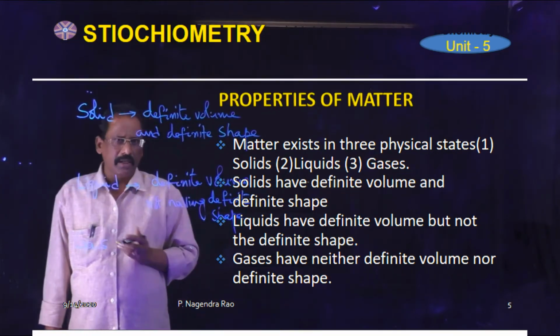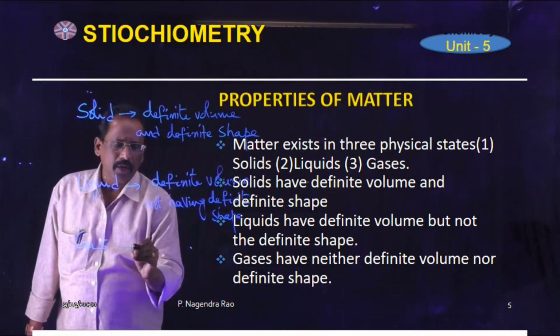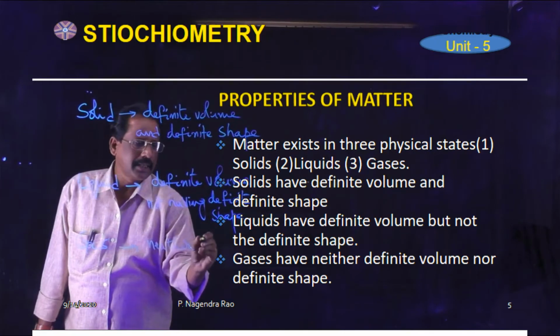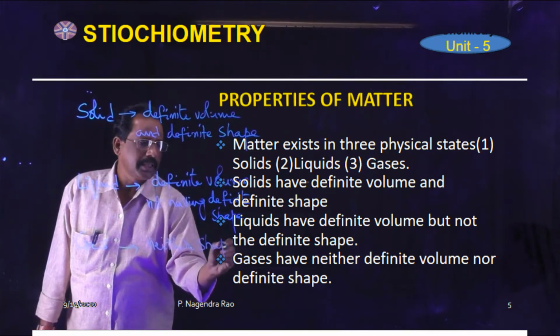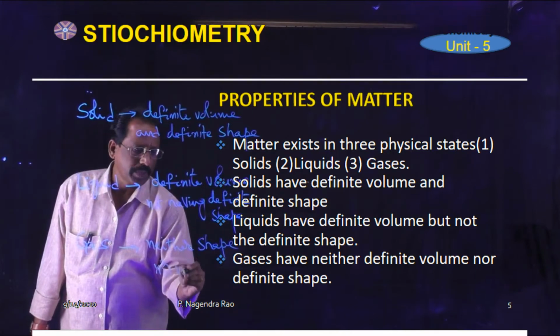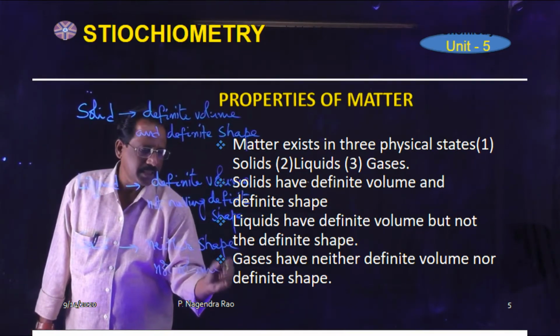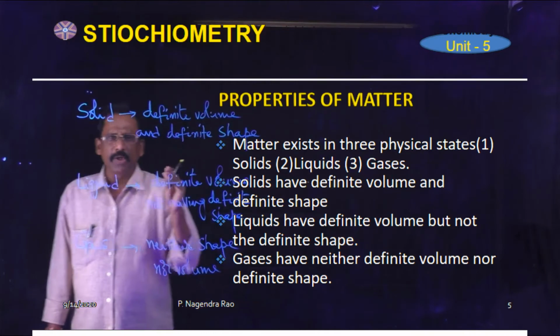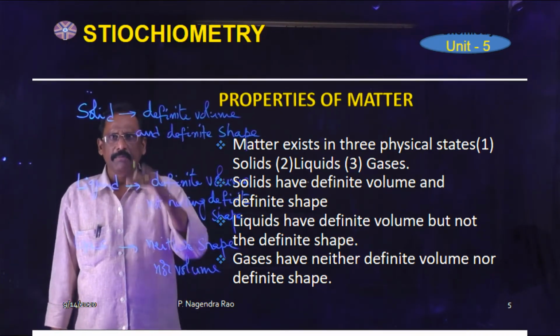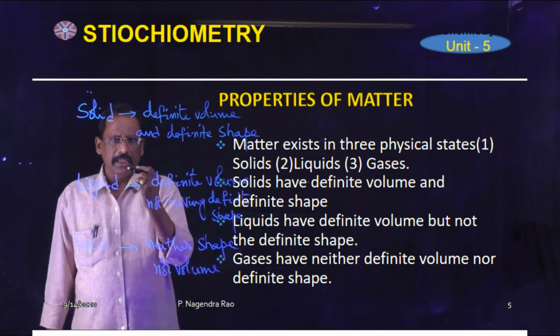But in the case of gas, they have neither shape nor volume, because in the gaseous state the intermolecular forces of attraction are very weak when compared with the solid state and liquid state.